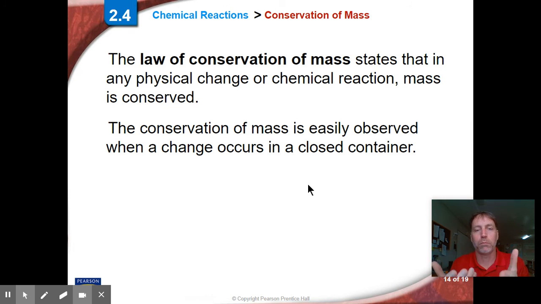But if you put a balloon over that container to contain the gas that's formed, and weigh everything beforehand, including your balloon, and then weigh it all when you're done, they should weigh exactly the same.